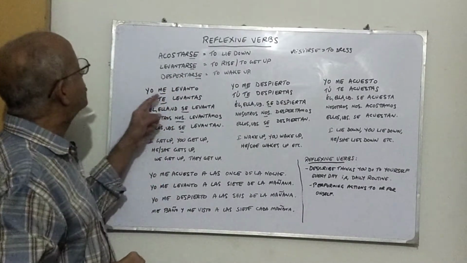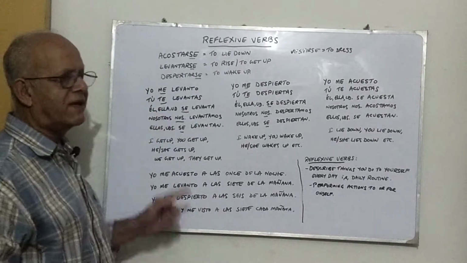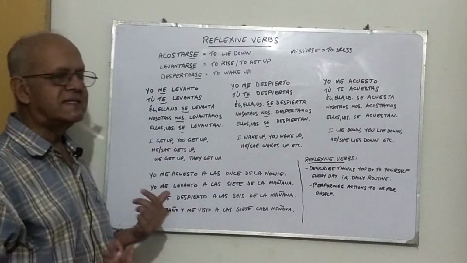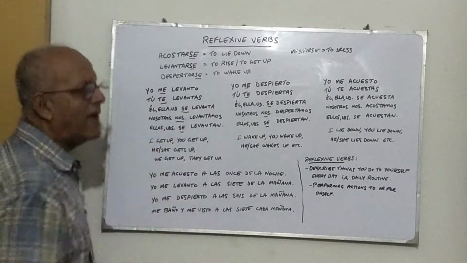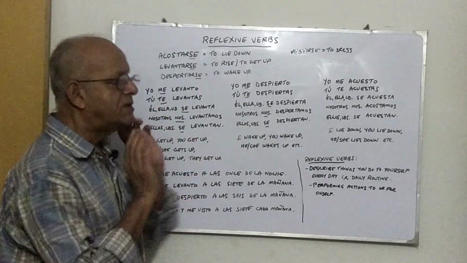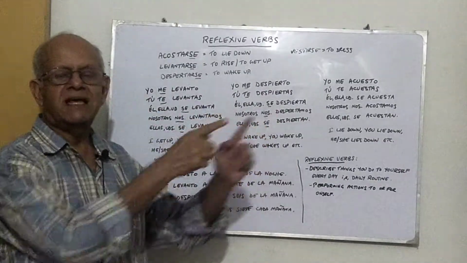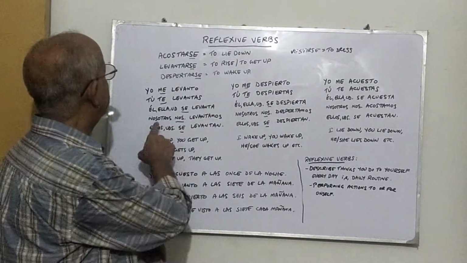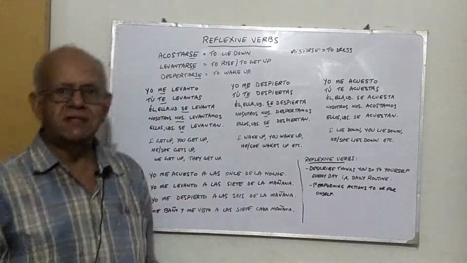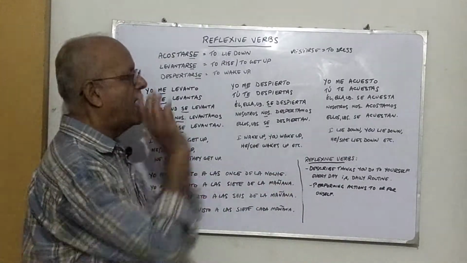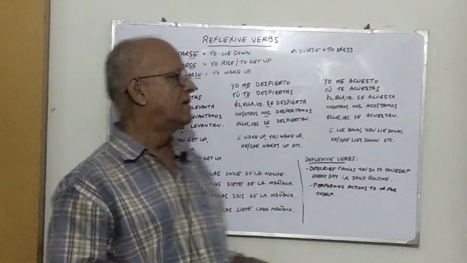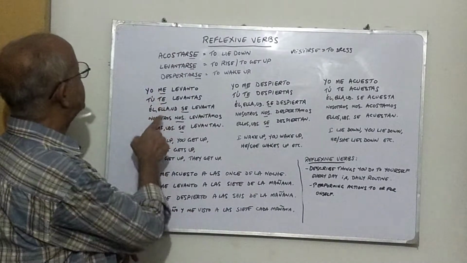Levanto, levantas, levanta, levantamos and levantan. We have to add the me, te, se before it. So, yo me levanto, tú te levantas, él se levanta, ella se levanta, usted se levanta, nosotros nos levantamos, ellos se levantan.